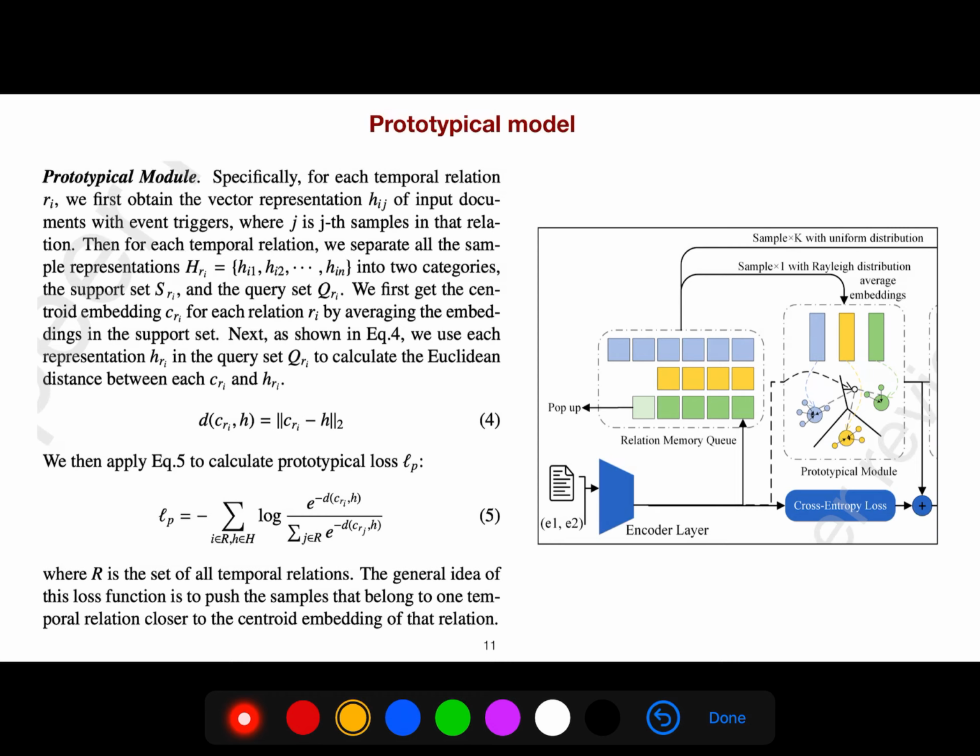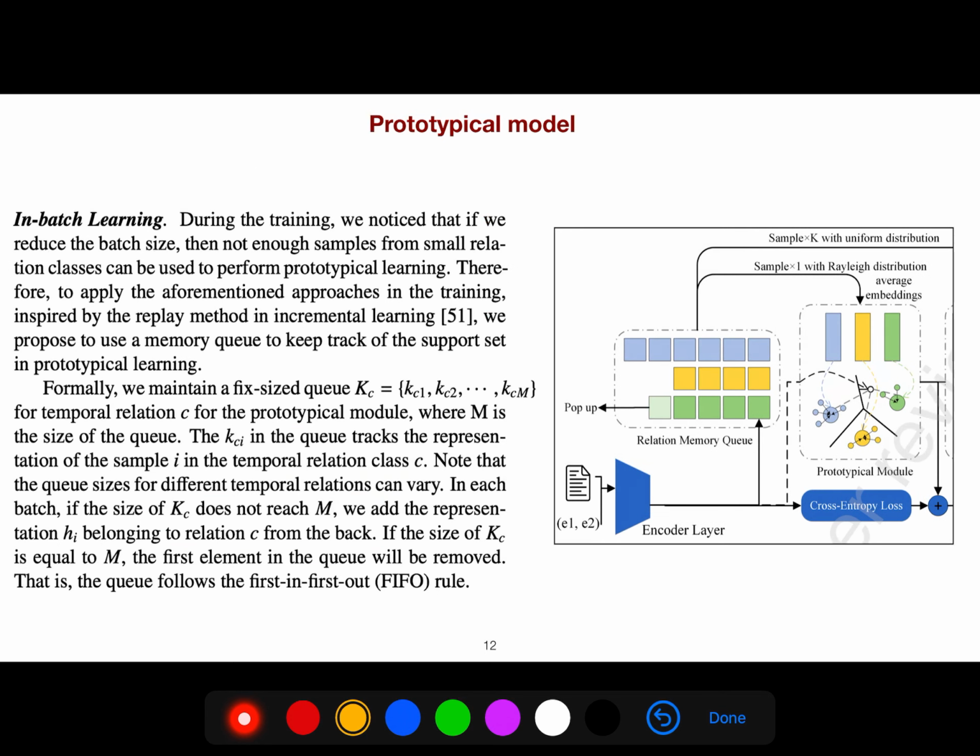And we then calculate this prototypical loss. And R here is just the set of all temporal relations. The general idea of this loss is to push the samples that belong to one temporal relation closer to the centroid embedding of that relation.